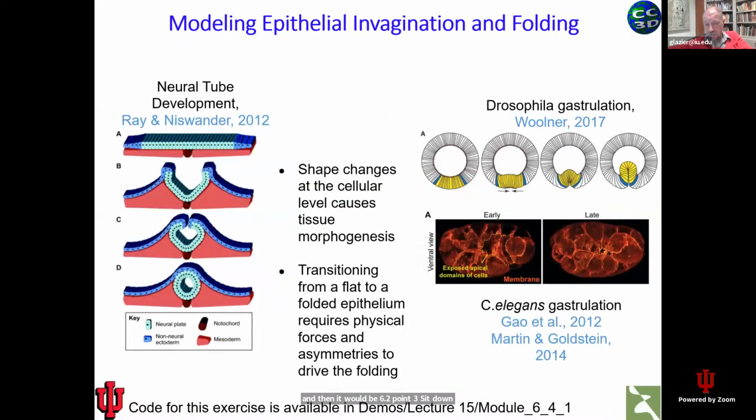All right. So now for our last exercise for the class, I'd like to do something a little bit more fun. This will begin to understand folding of tissues. The neural tube development example here on the left is currently the PhD research of Job in the Netherlands, who's interested in toxicology.